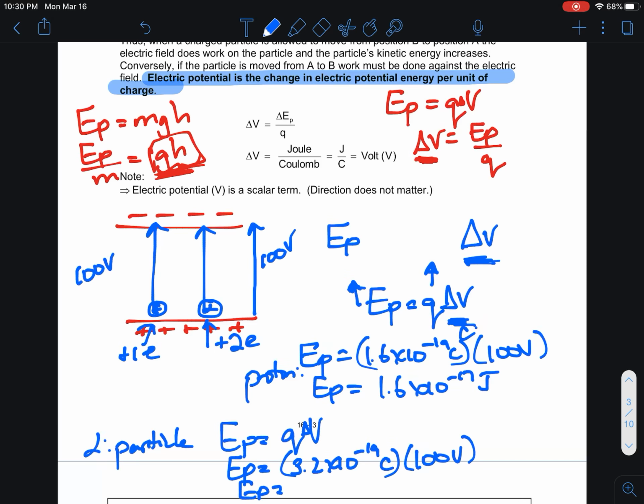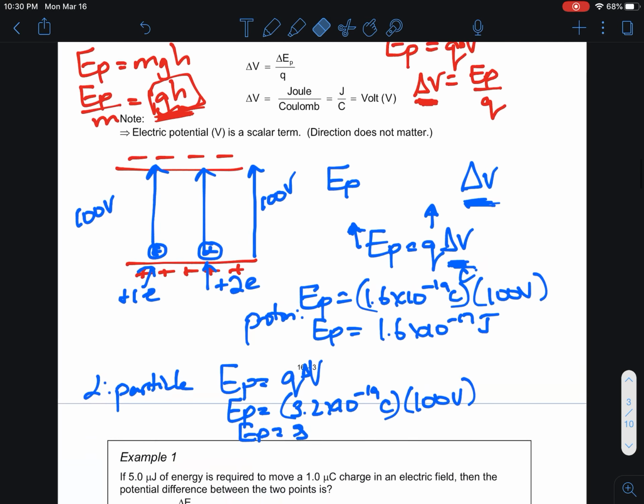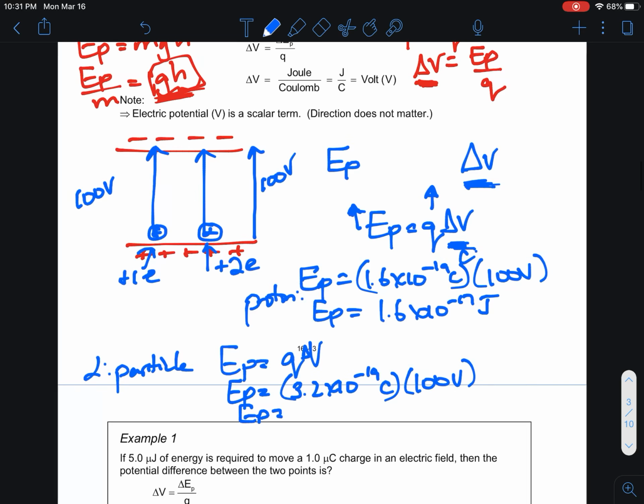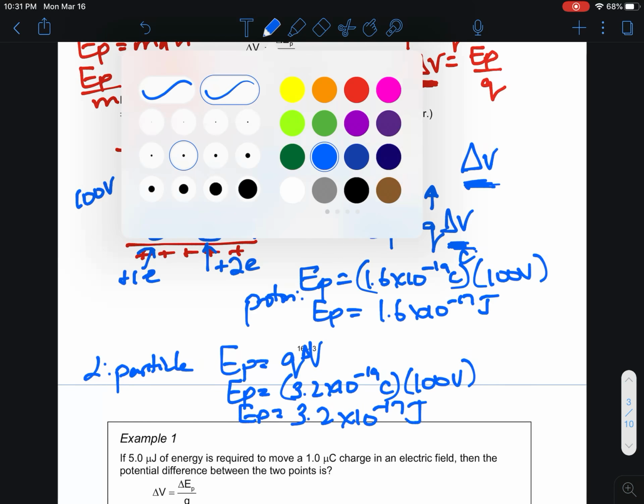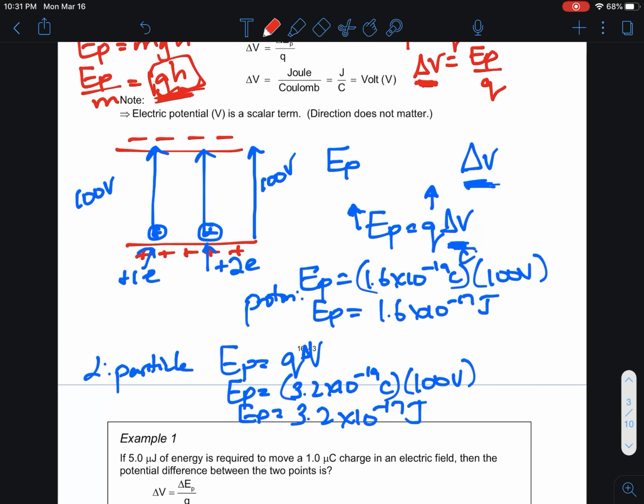So the amount of potential energy that it has is 3.2 times 10 to the negative 17 joules. So your alpha particle has double the amount of potential energy, but the same amount of potential difference or potential, because they will pass through the same amount of voltage on their journey. So this is the same.